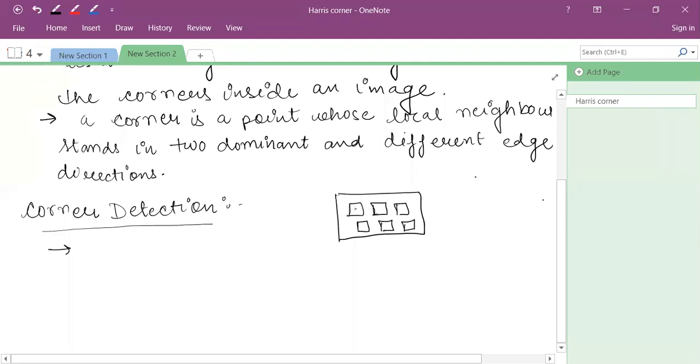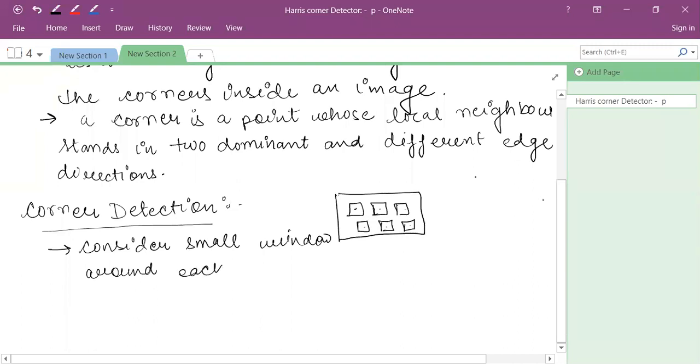Each window has some pixels. These are the pixel values. So consider a small window around each pixel p in an image.